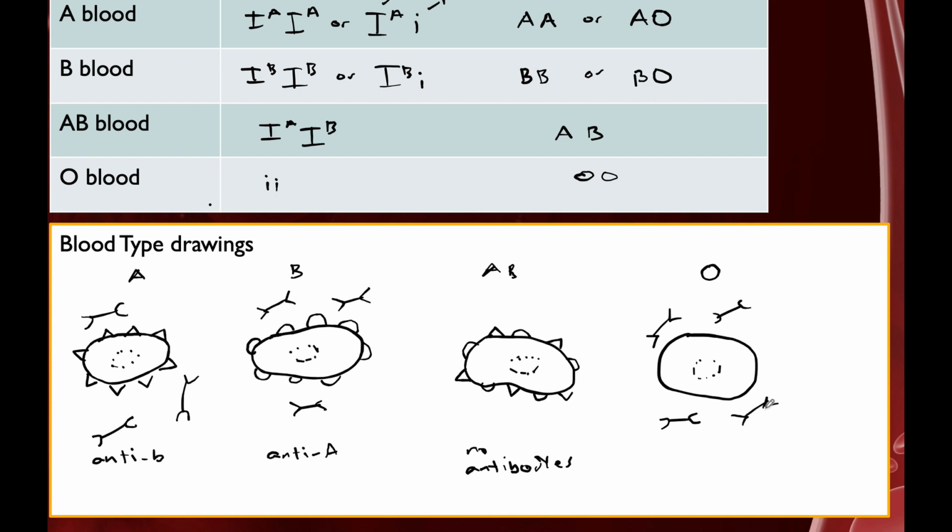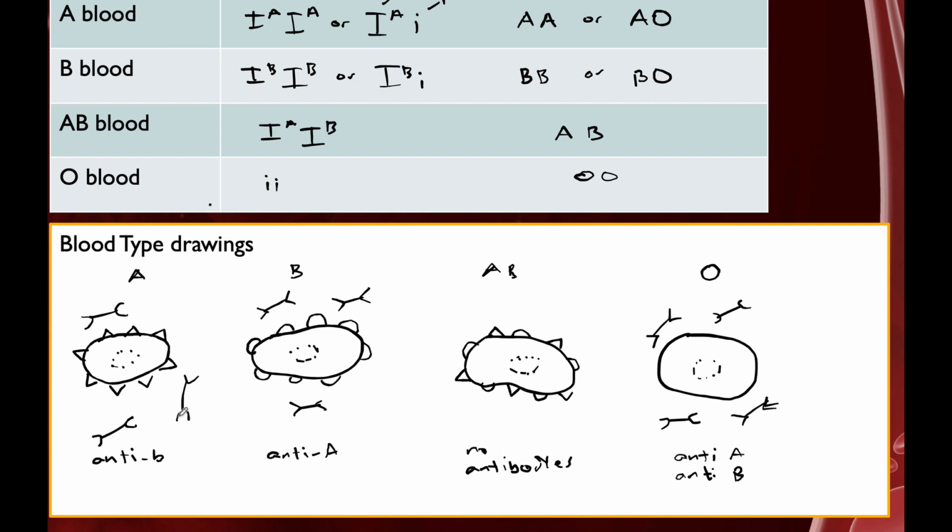Now, what do these antibodies do? Well, they're going to be on the lookout for other blood types that may find their way into their body. And let me finish up my B here.